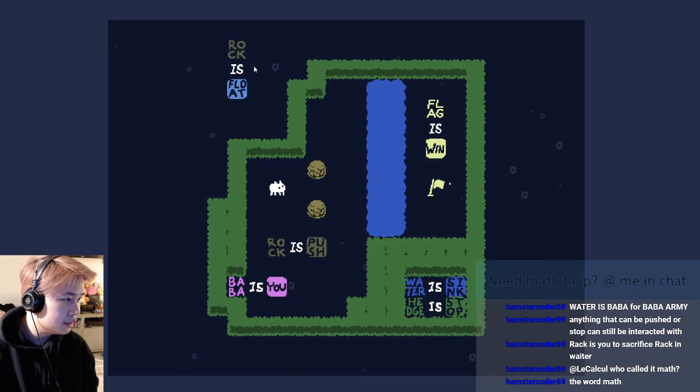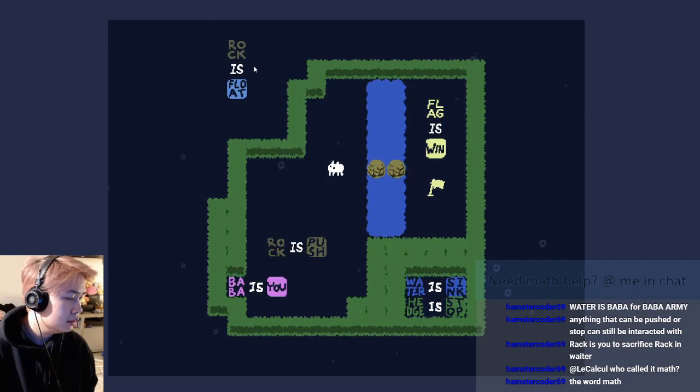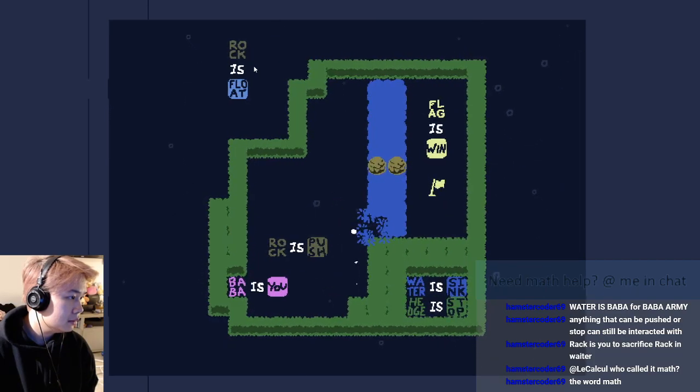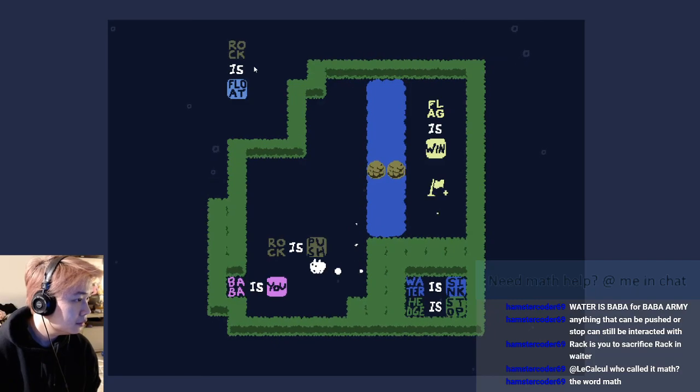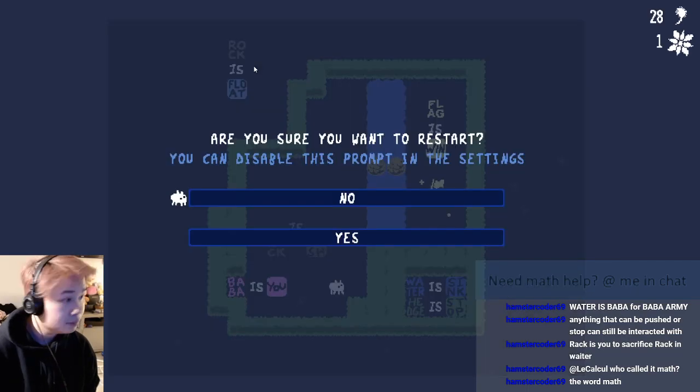So the difference is the rocks are floating, so they aren't going to do anything. And then I still die. If I don't make them pushable, then I can walk through them, but then I just die because of the water.